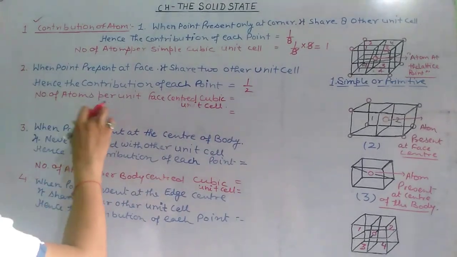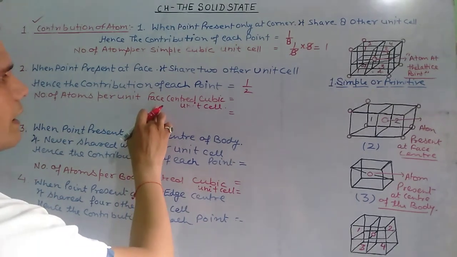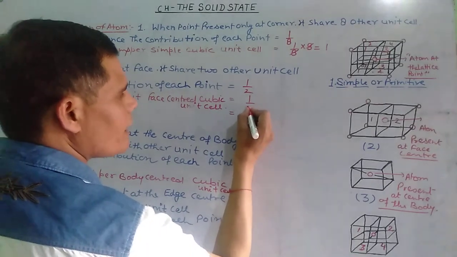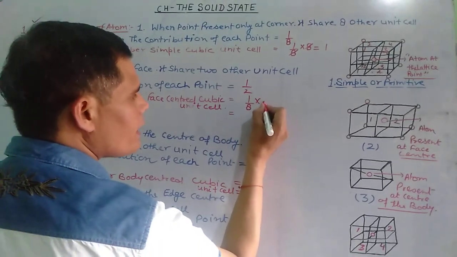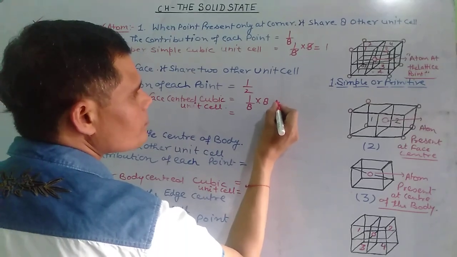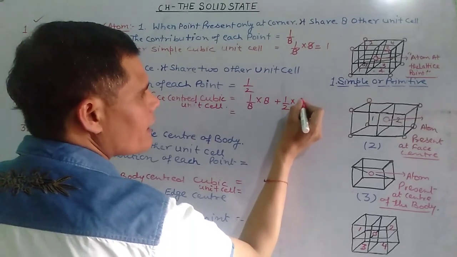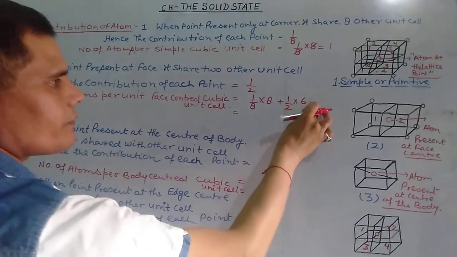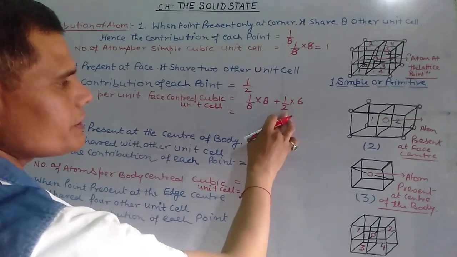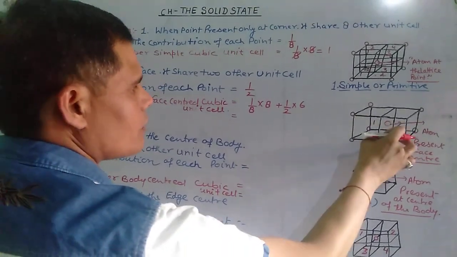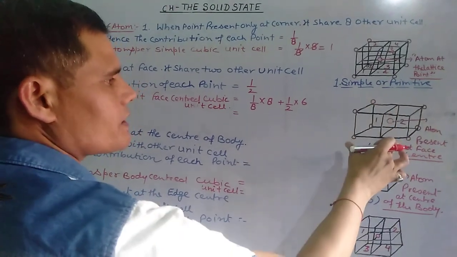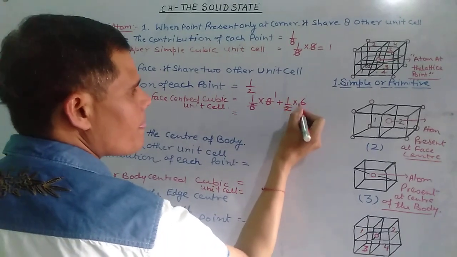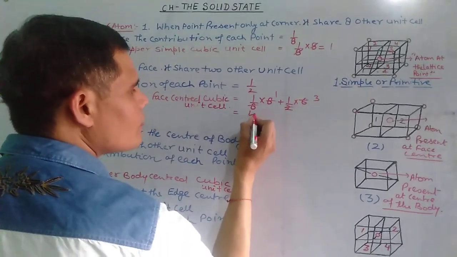The number of atoms per unit cell in a face centered cubic unit cell will be equal to 1 upon 8 into 8 plus 1 by 2 into 6, because there are 6 faces and each point is shared with 2 unit cells. Points are also present at the corners, hence the total number of atoms will be 4.